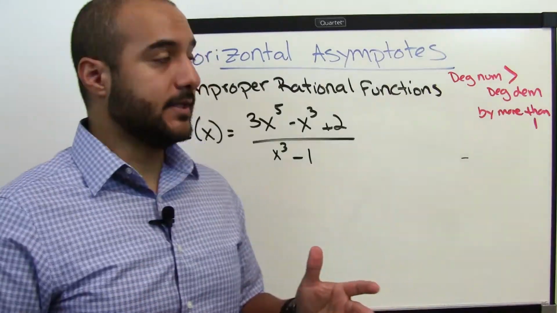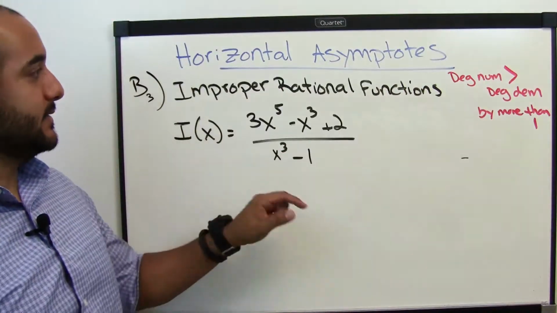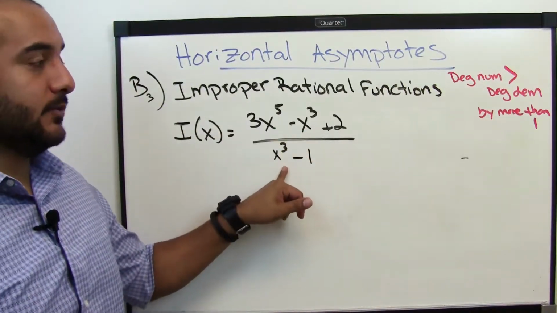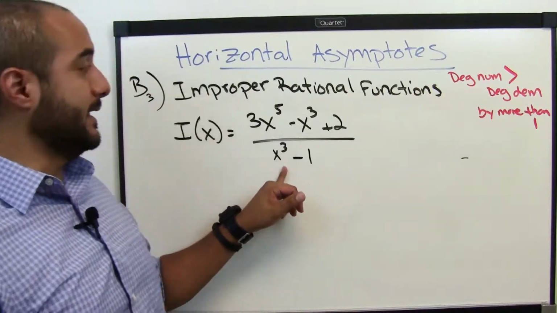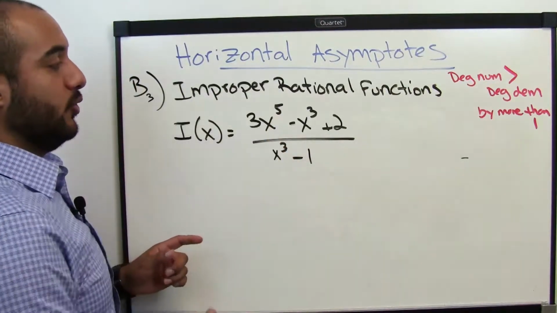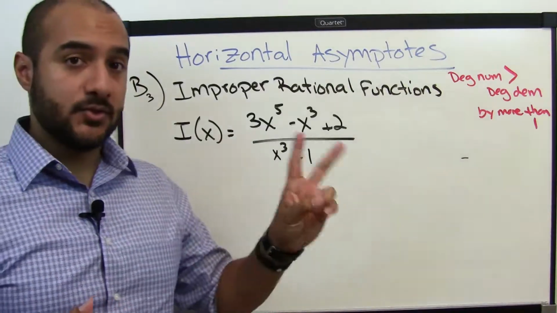Okay, what about our last scenario, where we can have an improper rational function, and yes, our degree is greater for our numerator than what we have in the denominator, but it's greater by more than 1. In this case, we have a 5th degree polynomial over a 3rd degree polynomial, so it is greater by 2.